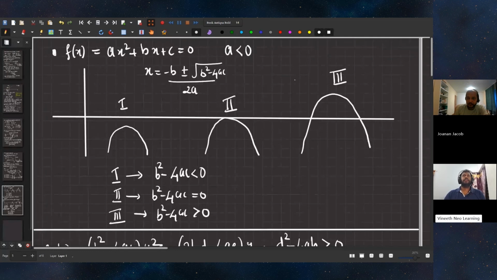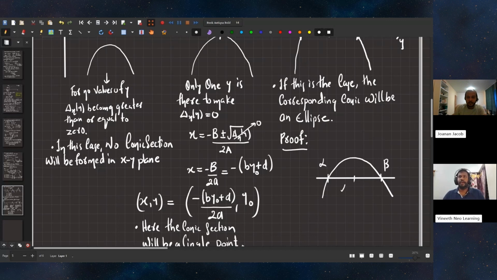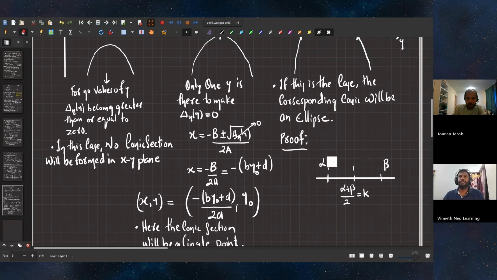Let this point be alpha, let this point be beta, and the midpoint be alpha plus beta over 2, and let me name it K. So this distance, the distance from the midpoint to each of the two points, I'm going to name it B.